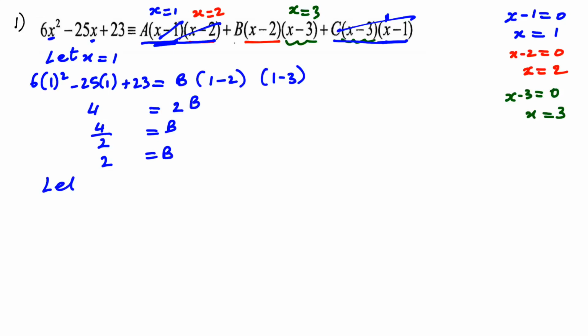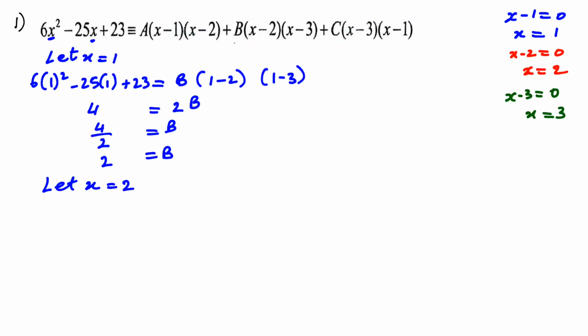The next we will use let x equal 2. So when x is 2, we are going to again replace everywhere with 2. So 6, 2 square minus 25, 2 plus 23 will give us negative 3. Okay?